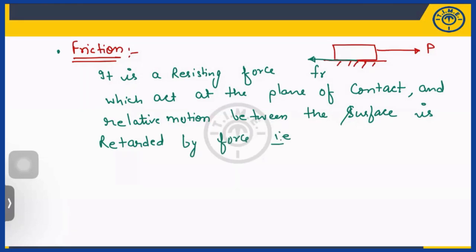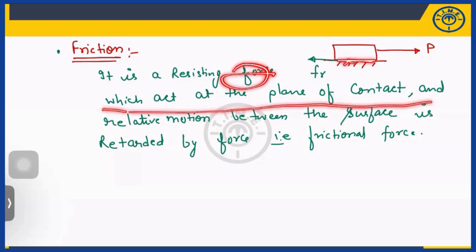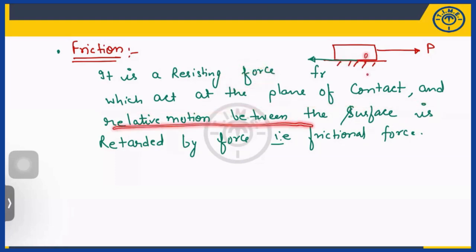That is called frictional force. That means it is a kind of resisting force which acts at the plane of contact, and the relative motion between these two surfaces is resisted or retarded. That is called friction force. That means it will try to oppose the relative motion.